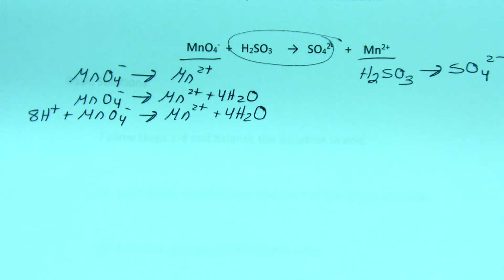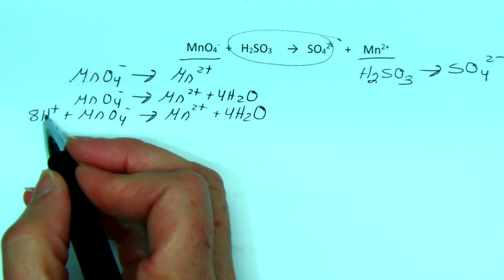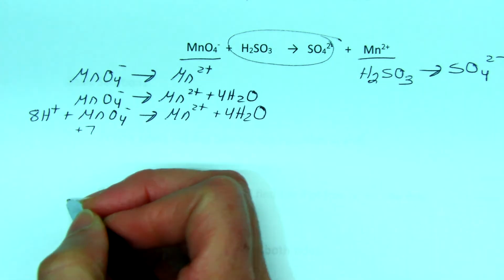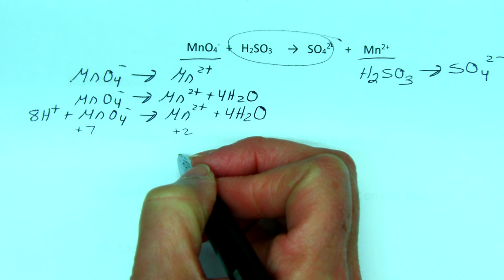So I evaluate the charge on each side of the equation, and then I add electrons to the more positive side. I have a plus 8 and a minus 1, so that gives me a positive 7 over here, and I have a positive 2 on the right-hand side.